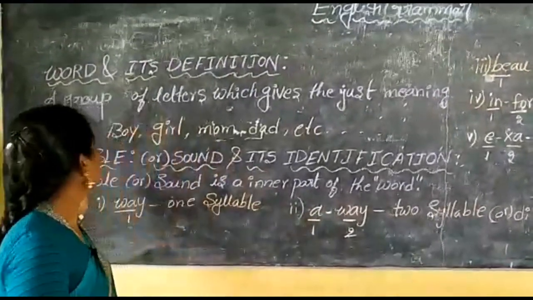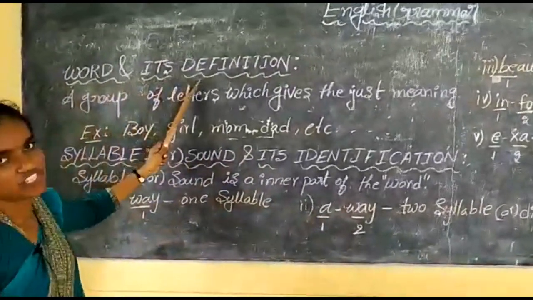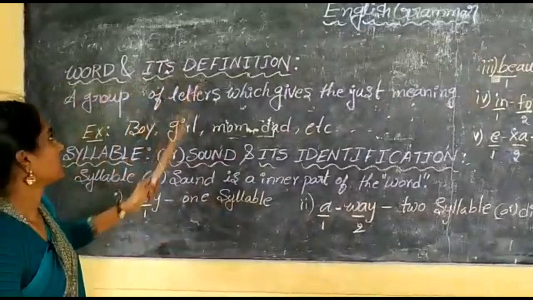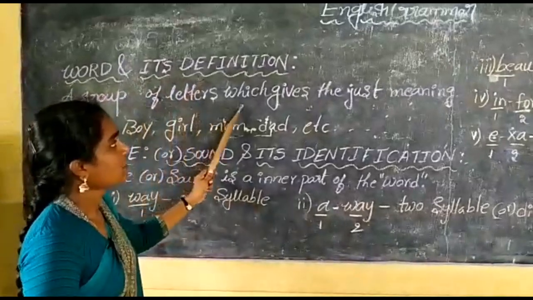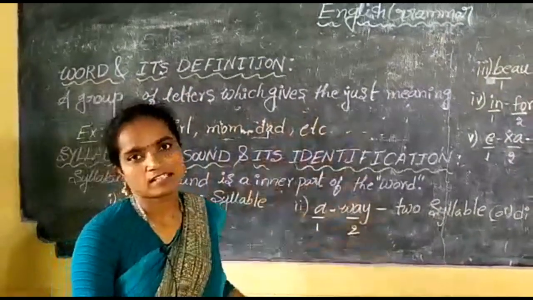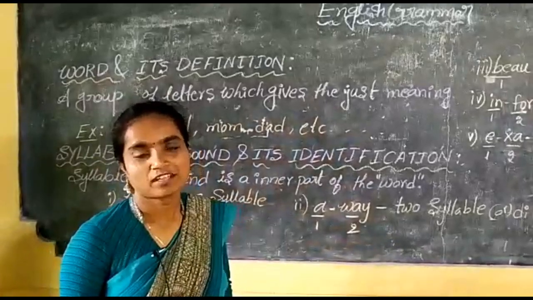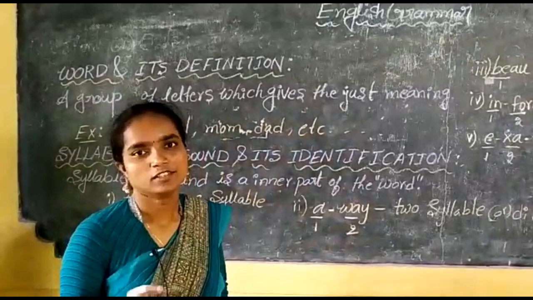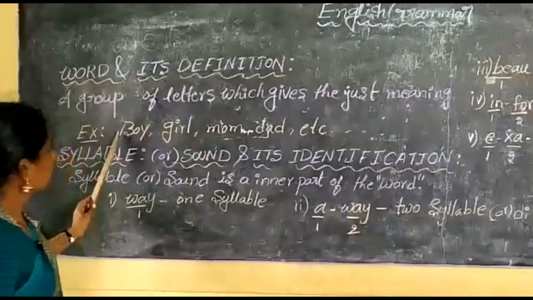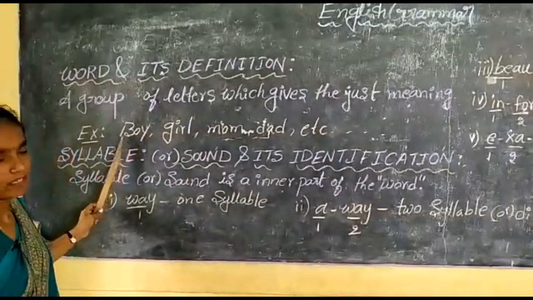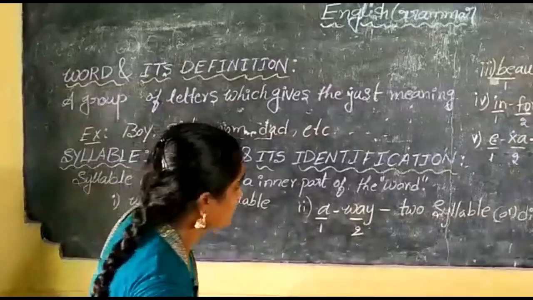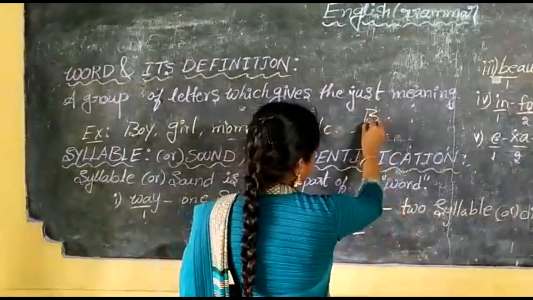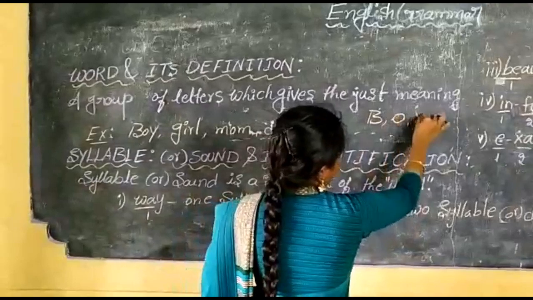Next point is word and its definition. A group of letters which gives a proper meaning is called a word. For example, B-O-Y, boy.